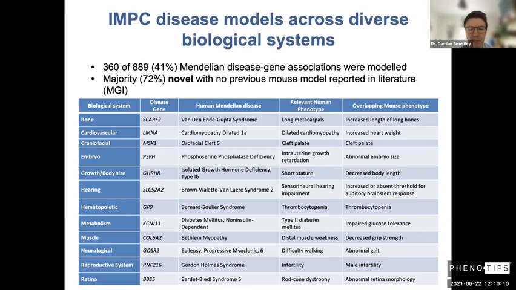And we make these mice available at cost for researchers to order and do further mechanistic and therapeutic studies. So it's very important to have these mice. And we found matches across all the biological systems, reflecting the breadth of the IMPC pipeline. So we had mouse models involving bone disease genes, cardiovascular, hearing, metabolic, neurological, and retinal, for example.